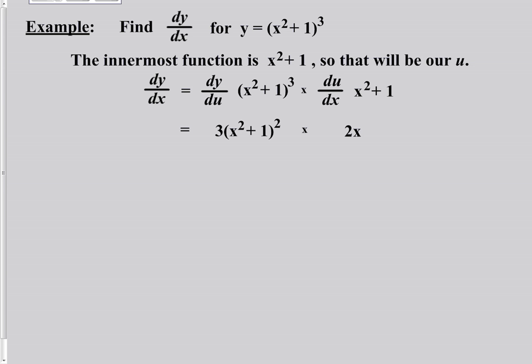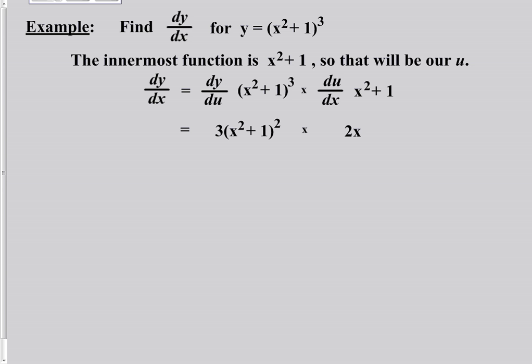So the derivative of y with respect to u will bring the 3 exponent down and make it a coefficient, and then the exponent on our binomial is reduced by 1, down to the second power. The derivative of the trailing term there, of course, the 2 comes down, reduces down to a 1. The 1 is eliminated, and we end up with 2x.